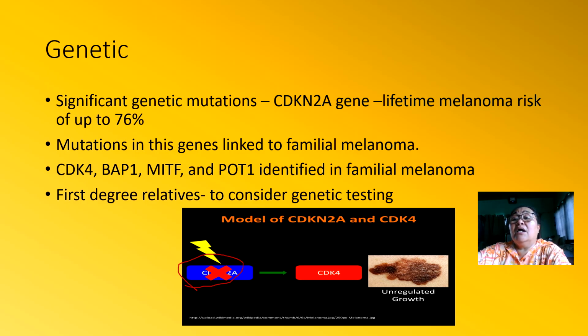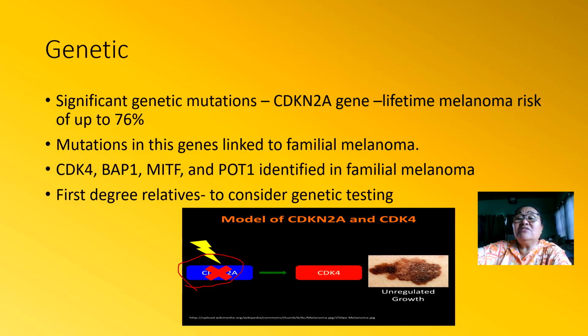A well-known example from Australia demonstrated that a family carrying an inherited CDKN2A mutation experienced fewer advanced melanoma cases in younger generations after adopting regular skin screening, early detection, and strict sun protection practices.